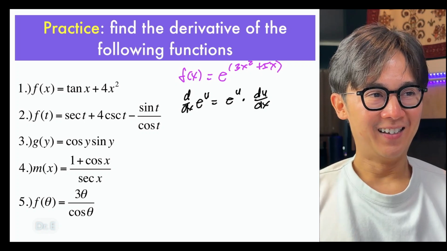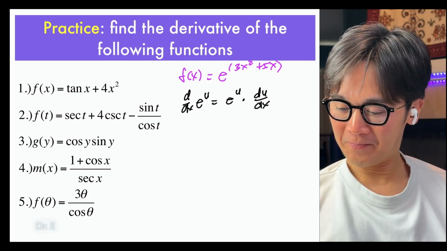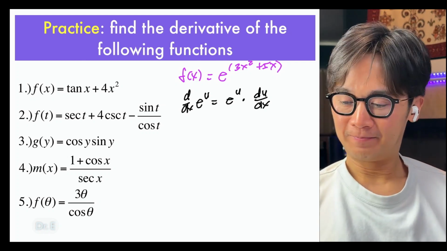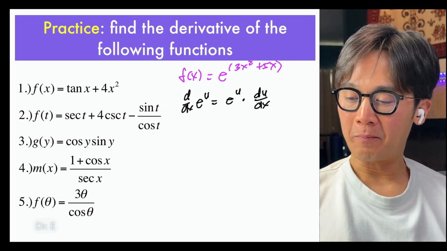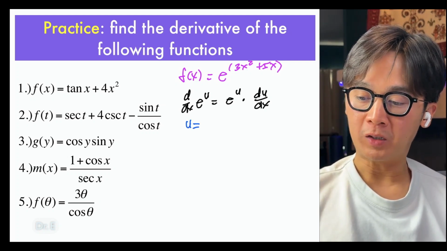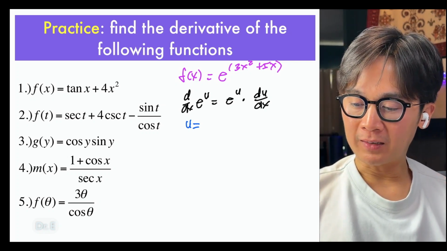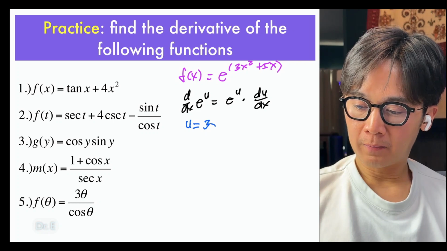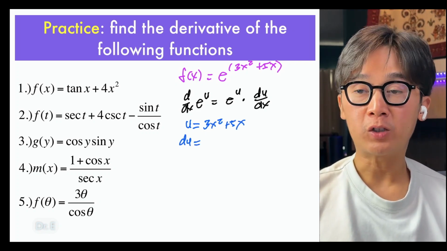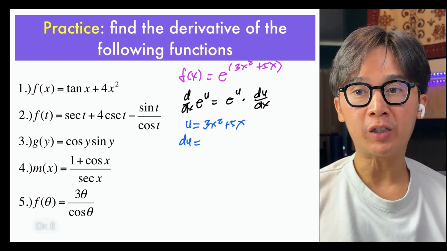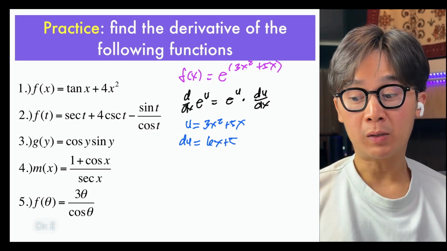Oh, Roderick has his answer now. And I think that is correct. Okay, let's answer this. My goal is to find my u function, which is pretty easy to locate in this problem. It's the exponent. And the derivative of that is also easy to figure out because you're just going to be using the power rule, 6x plus 5.